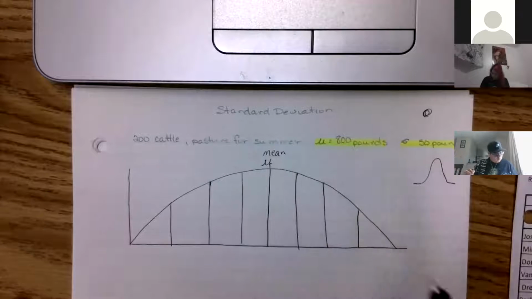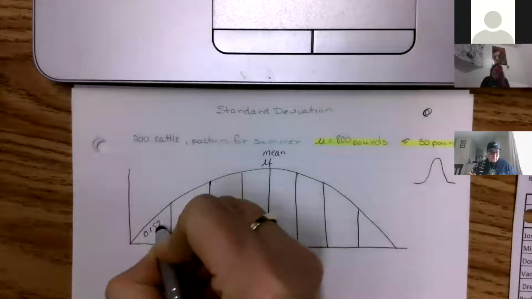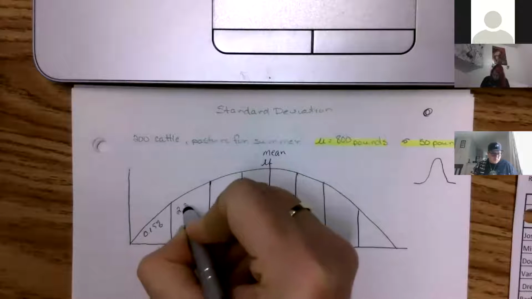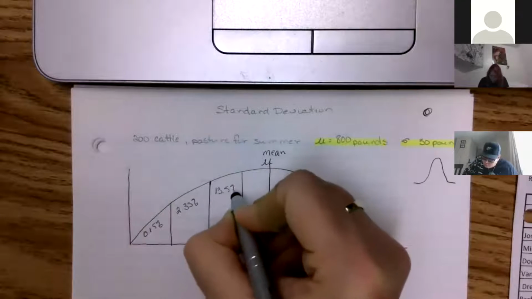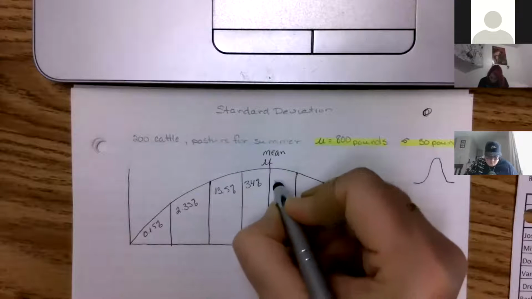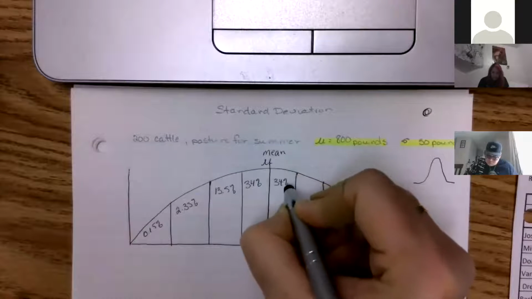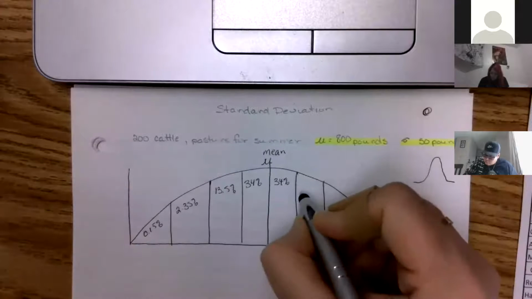So I put my mean in the middle, and then I put my percents in. And this is from the chart you had the other day. And when you write your exam on this section, or you write the final, I'm going to use that word, you will have those numbers.